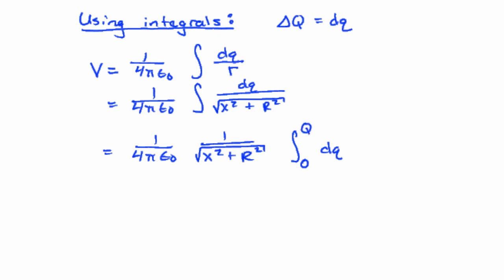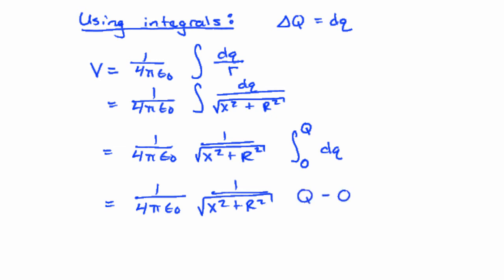The integral of dq from 0 to Q is just Q minus 0, so Q, leaving me with the same result that I got with the sums. So two different methods get to the same result.